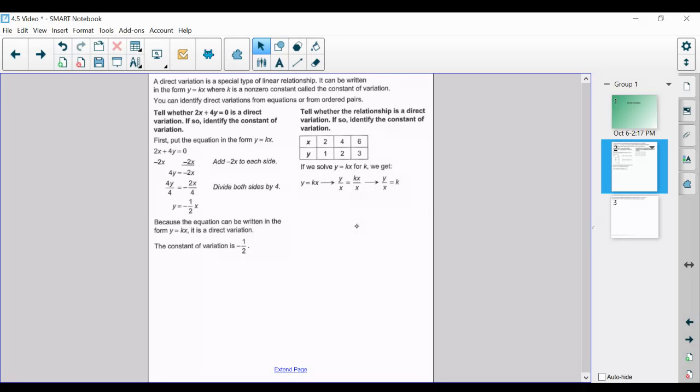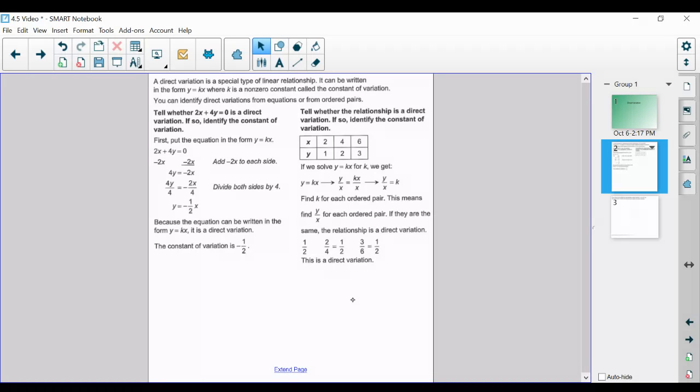If we start with y equals kx, then k is equal to y over x. So now we can find k for each ordered pair by dividing the y value by the x value. If they're the same, then it shows a direct variation.